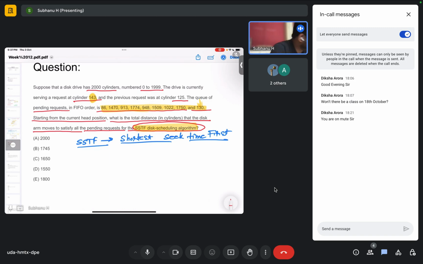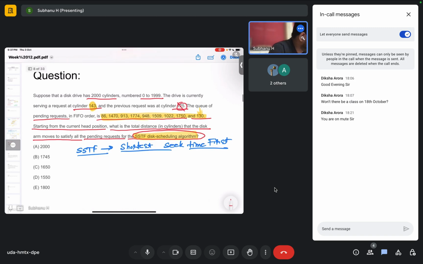There is some misleading information like this 125. This is not important to us, I also don't require this. Otherwise, I have 1, 2, 3, 4, 5, 6, 7, 8, 9, and 10 requests.